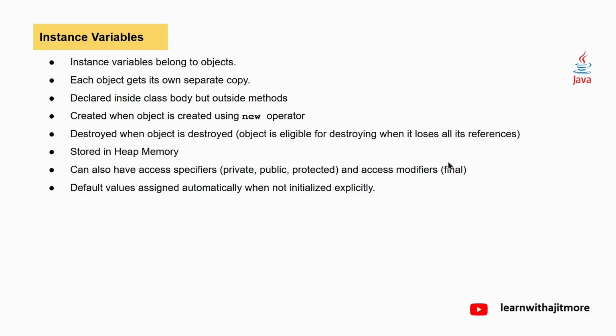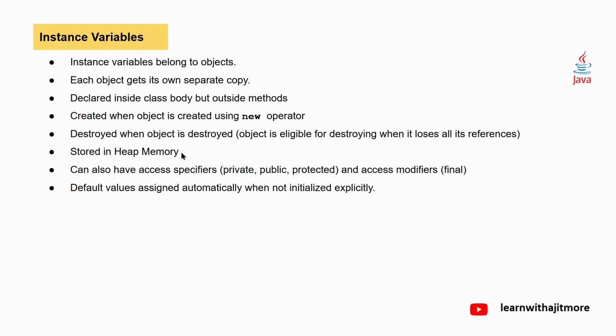Because when it is final, it's not going to change. So why create a separate copy of a variable which is not going to change? So it will keep it as shareable. It will keep it as static. I'll tell you all those things. So you can give public, private, protected such access specifiers.